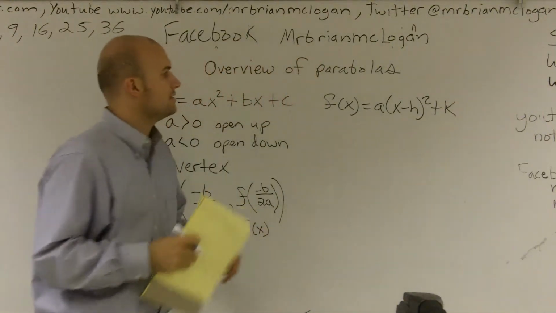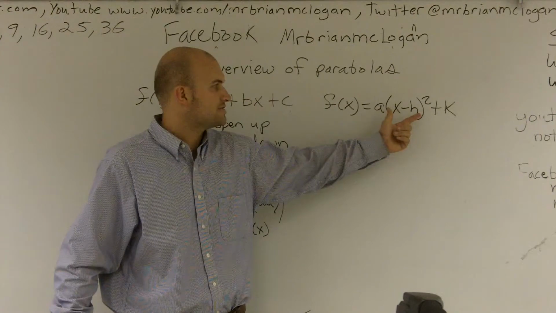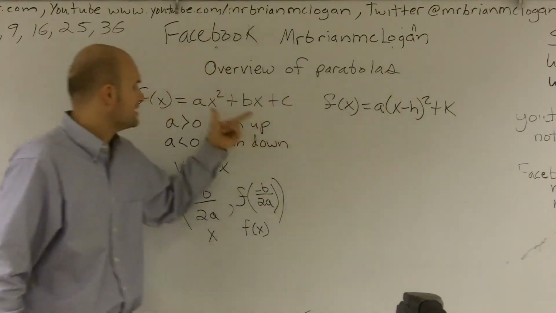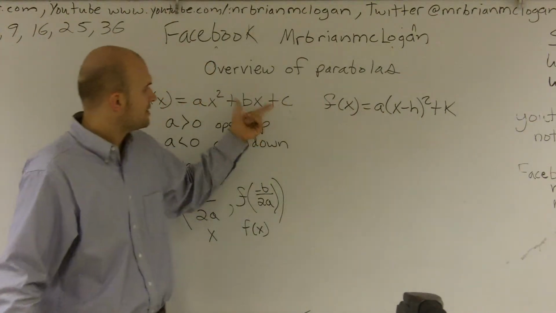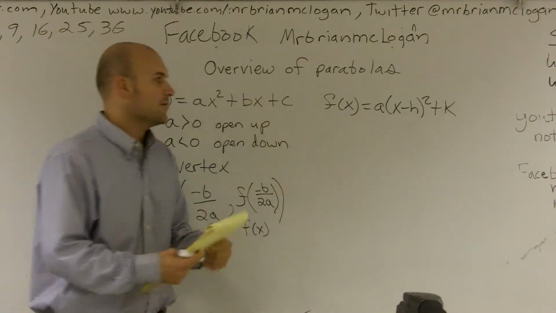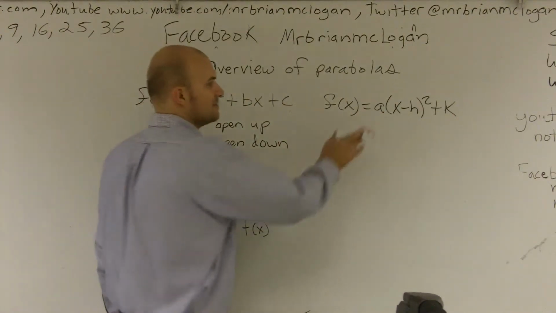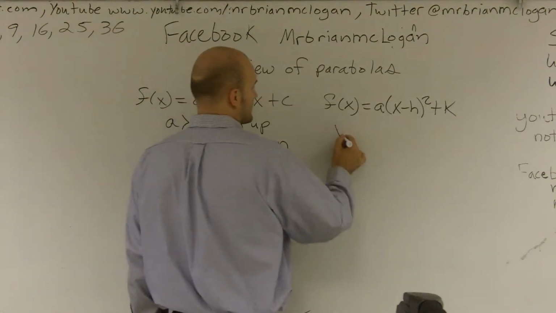Now, if I was to square my x minus h, then distribute my a, I would eventually get back to quadratic form. Obviously, I'm dealing with h and k's here, different than b's and c's, because they mean different things. If something's in standard form, it's very easy for me to find my vertex.